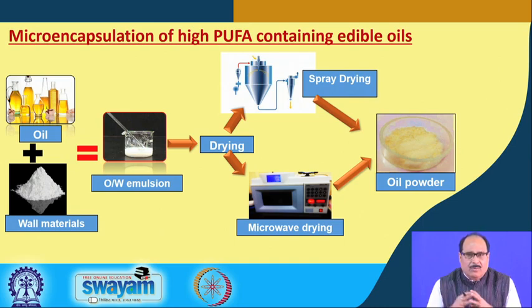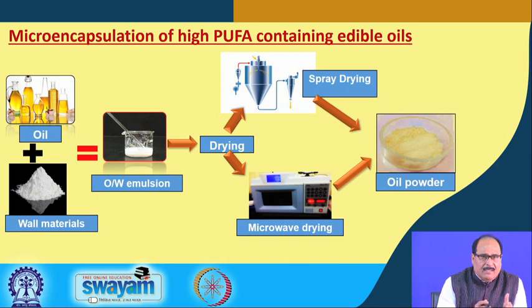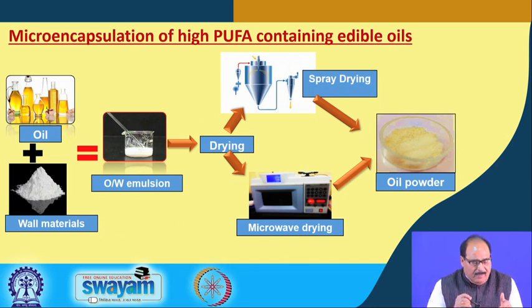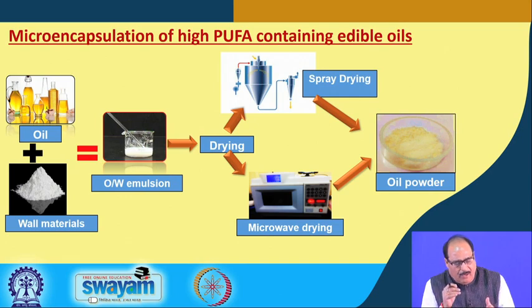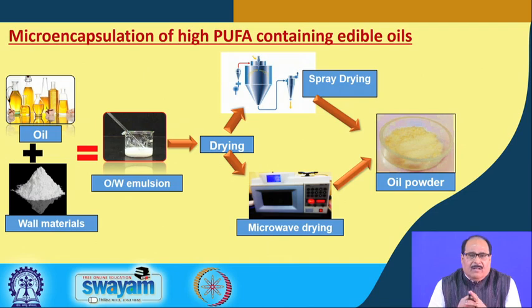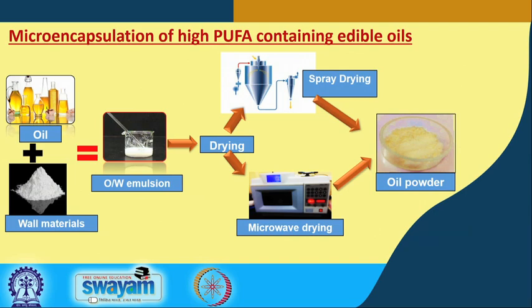So, I would not like to disclose much of the process parameters etc., but you can see here in this picture that these oils alone or in combination were emulsified with these wall materials and a suitable aqueous medium, and then an oil and water emulsion was formed, and this emulsion we dried using spray drying as well as microwave drying, and good quality free flowing oil powder was obtained.